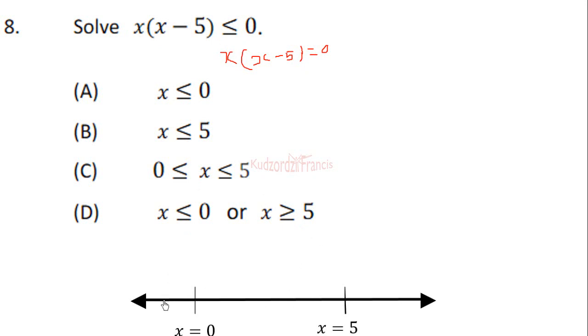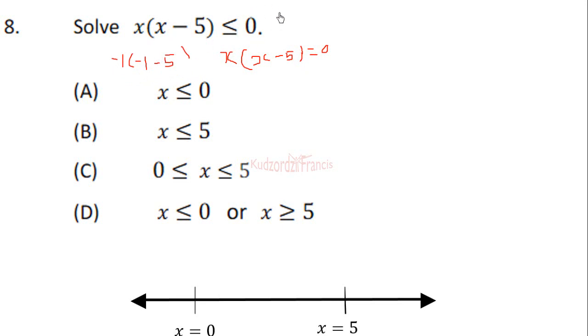When we pick a point less than 0, let's say negative 1, and plug in, you get negative 1 into negative 1 minus 5. That is negative times negative, which is positive.